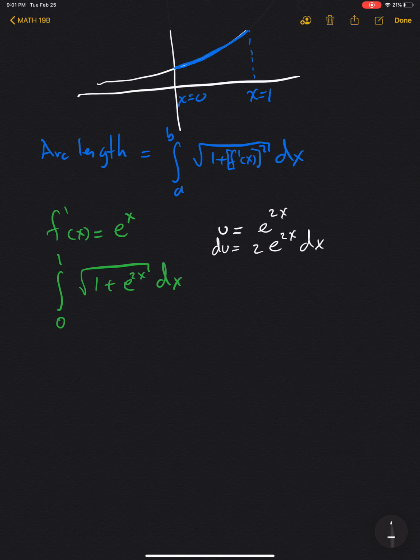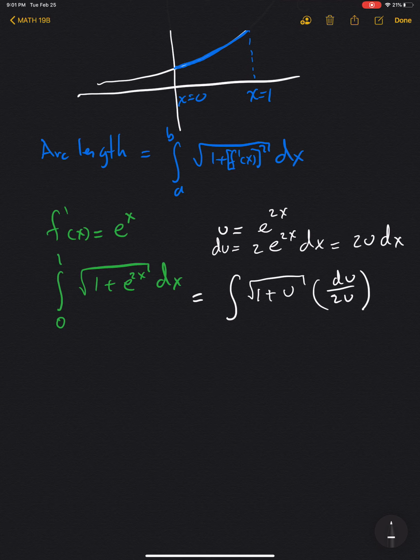In other words, this is the same thing as 2u du. That means that we can write down the original expression as the integral of 1 plus u, and then dx is the same thing as du divided by 2u.